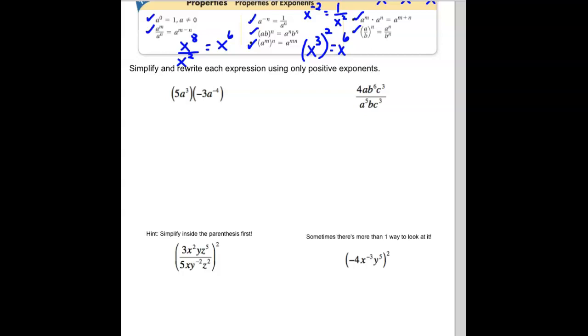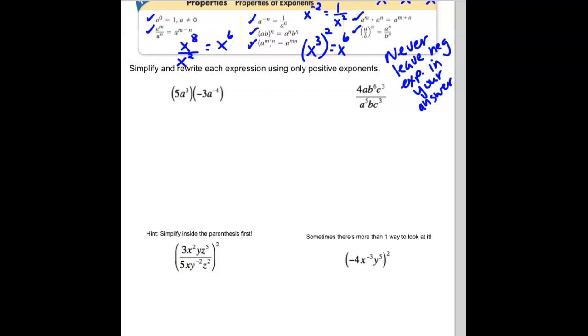We never, ever, ever leave negative exponents. So we always want to clean those up. Negative exponents, we can just do the reciprocal and it turns them into positive exponents.